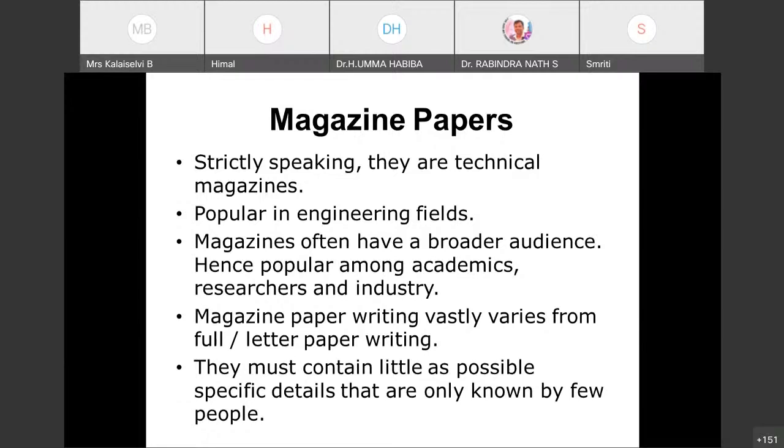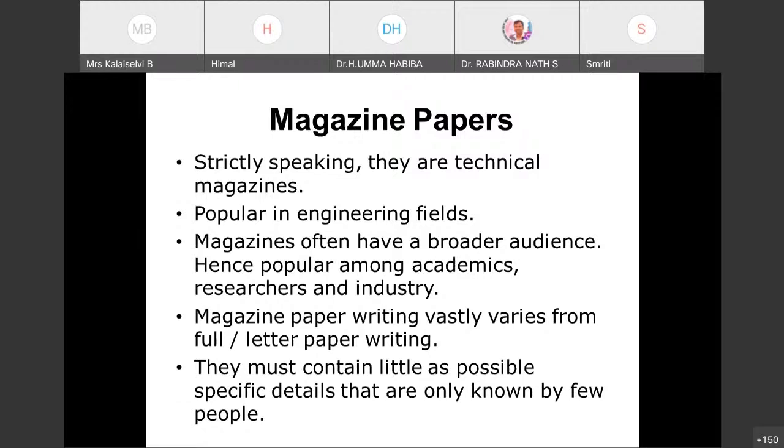But that doesn't mean you shouldn't report any technical things. Of course, whatever you describe should be technical, but you should use much simpler and plainer words to describe these technical aspects.